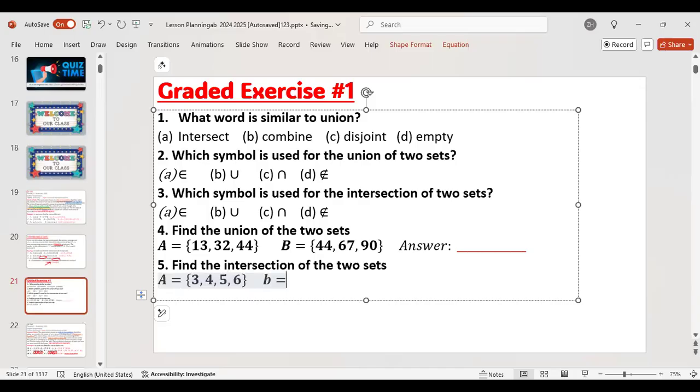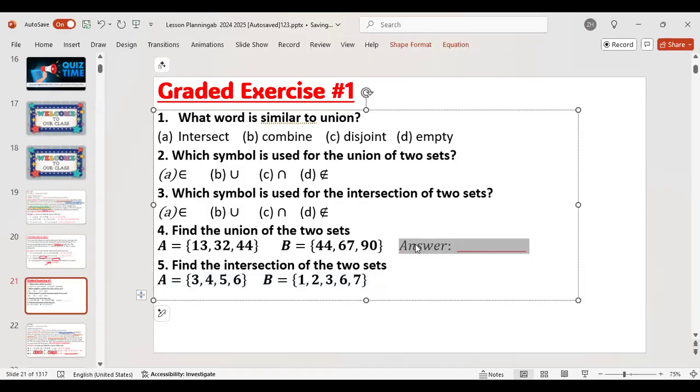Set B has 1, 2, 3, 6, and 7. I'm gonna find the intersection of the two.